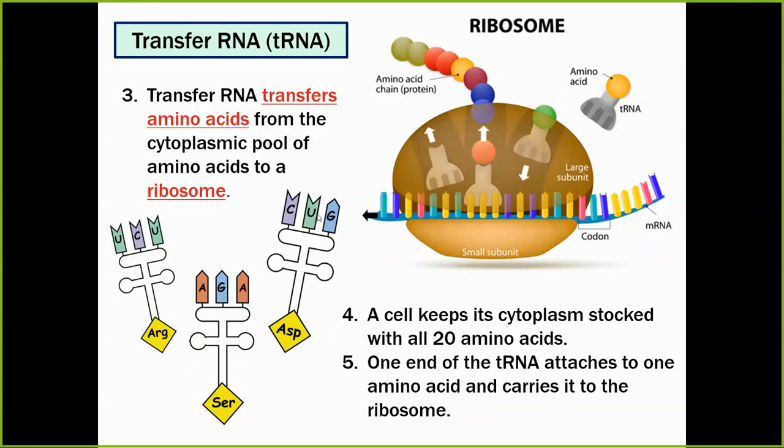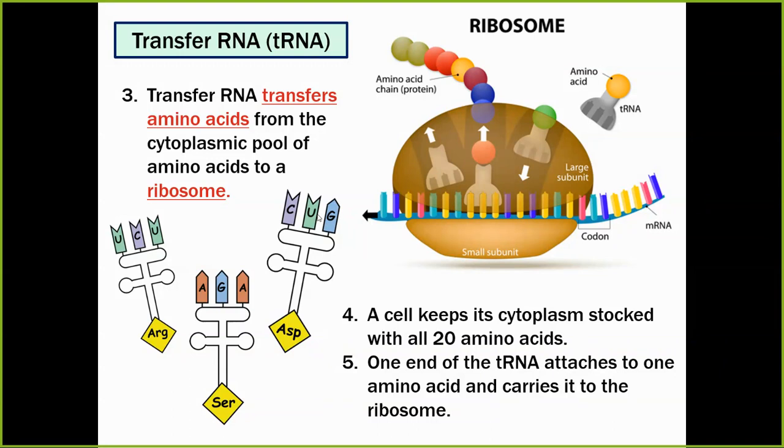Like every time the chef has to make a recipe, he doesn't have to run out to the store. He just goes into the shelves or the pantry, or maybe he's got stuff on the counter, right? He's got all these ingredients laying around. He just has to collect them up. That is what transfer RNA does. Transfer RNA goes out into the cytoplasm and collects up all of these amino acids.